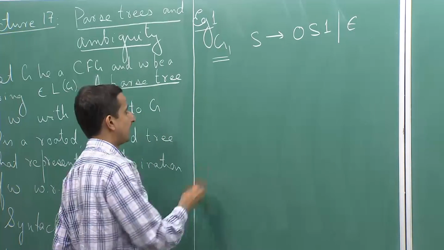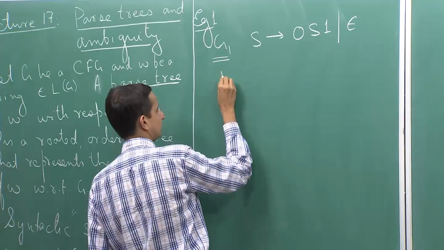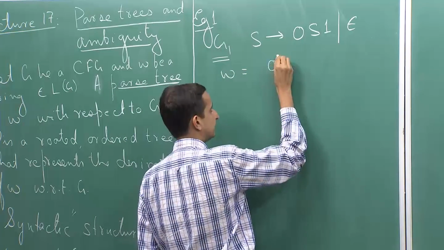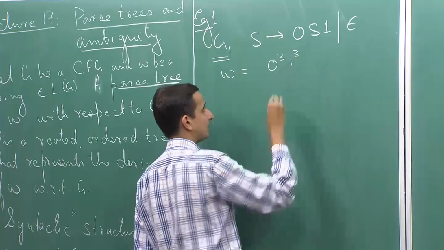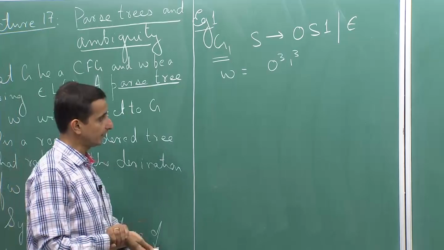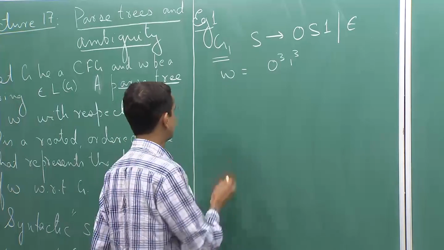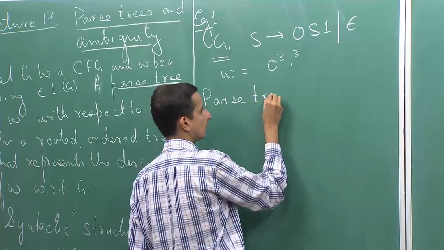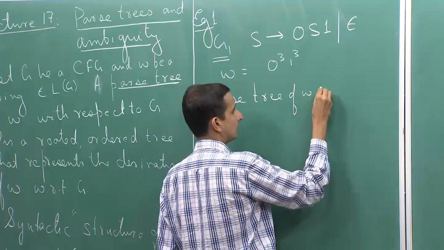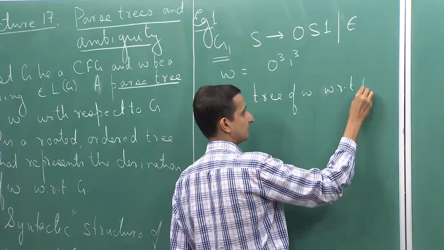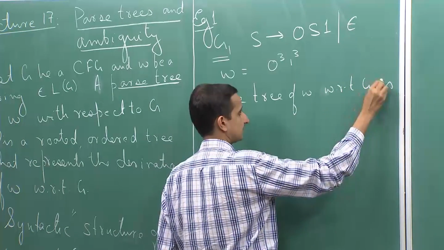And let W be the string 0 cube 1 cube in the language of G1. The parse tree of W with respect to G1 is the following tree.